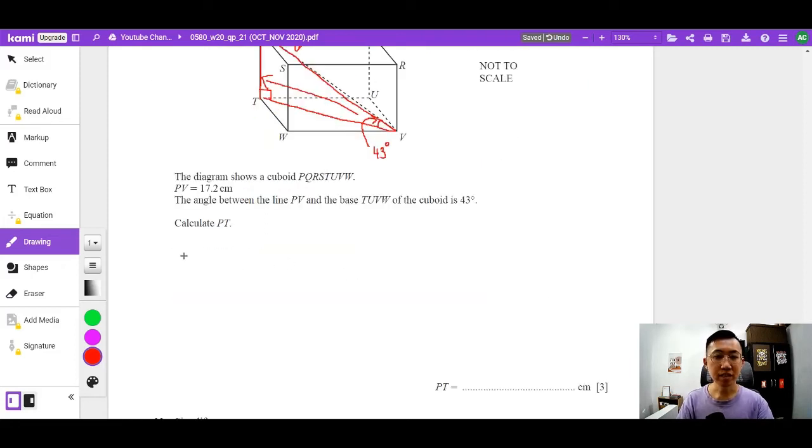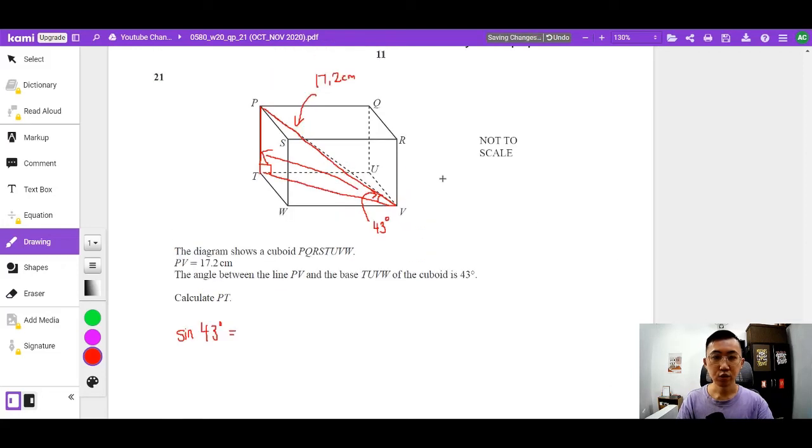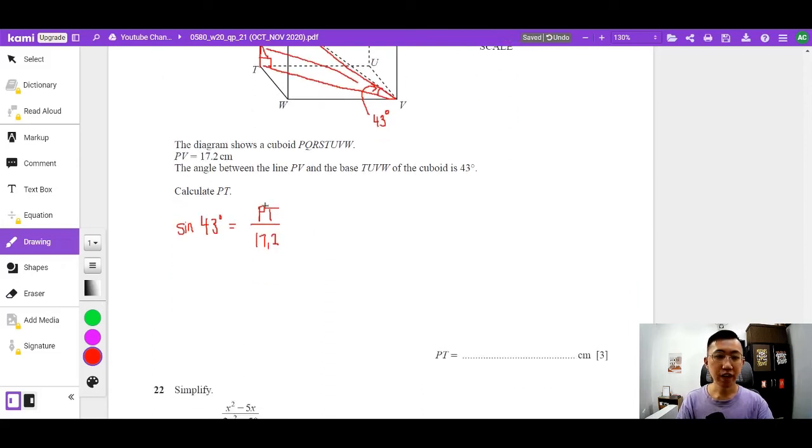Sine 43 degrees equals opposite, which is labeled PT, over the hypotenuse 17.2. Anything at the bottom is like divide, so when you move it to the other side, it becomes multiply.